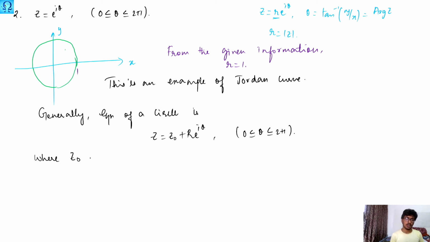This tells you that z naught is the center and r is the radius. Now we'll move to the next example.